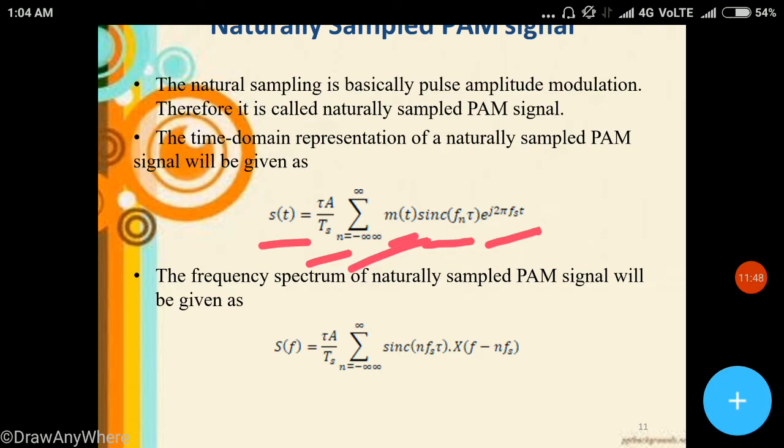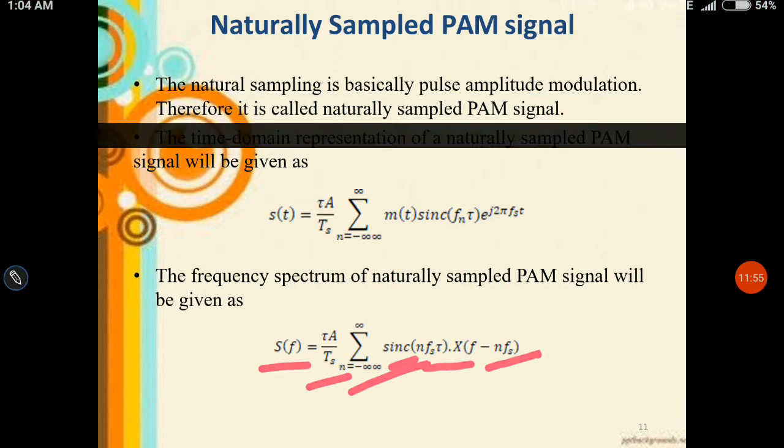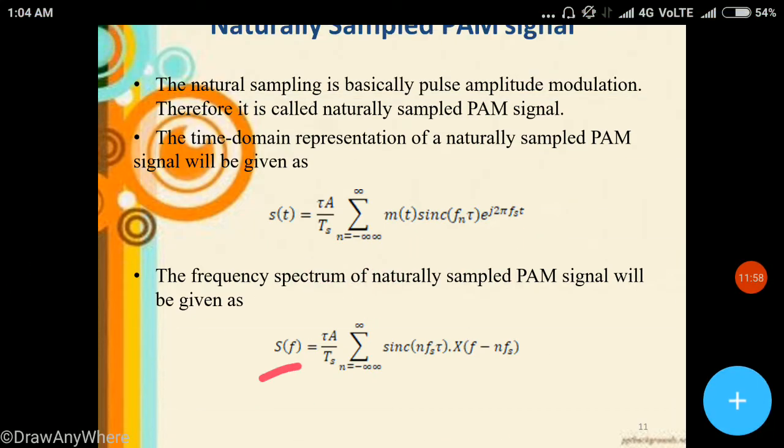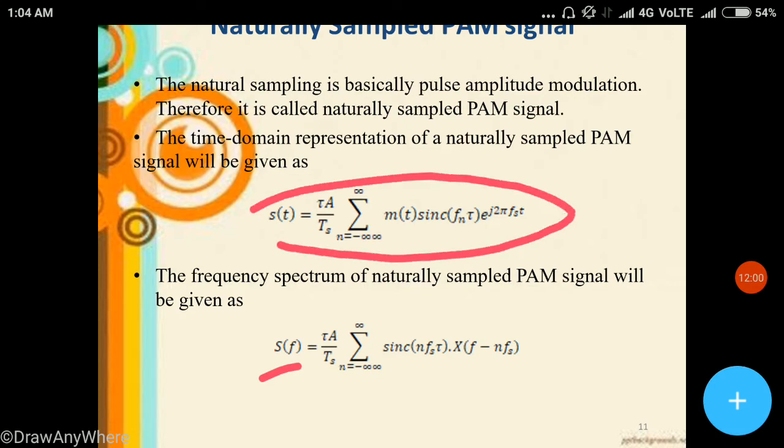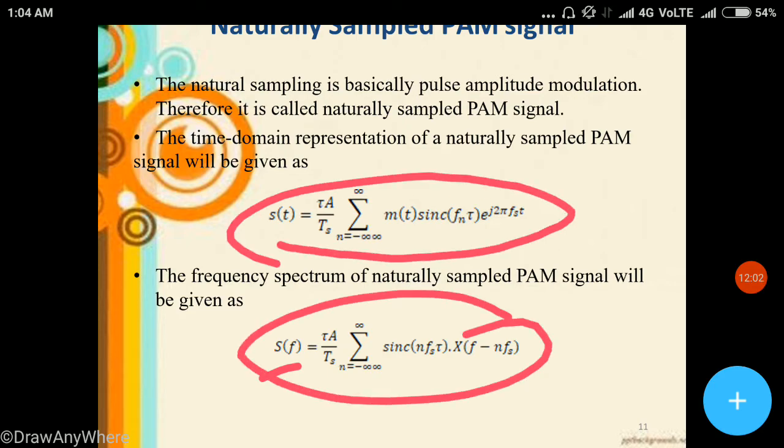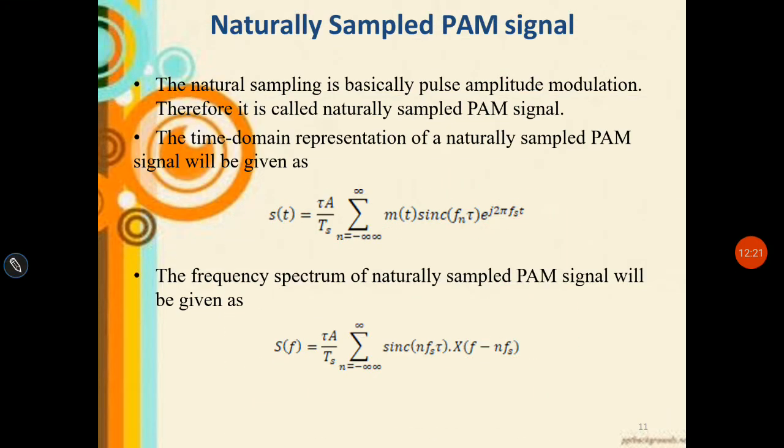That means it will be an exponential function. And the frequency spectrum of the naturally sampled PAM signal will be like this: S(f) equal to tau A by Ts, summation n equal to minus infinity to plus infinity, sinc function of n Fs tau, X(f minus n Fs). That is, e to the power j 2 pi Fs t now becomes X(f minus n Fs).